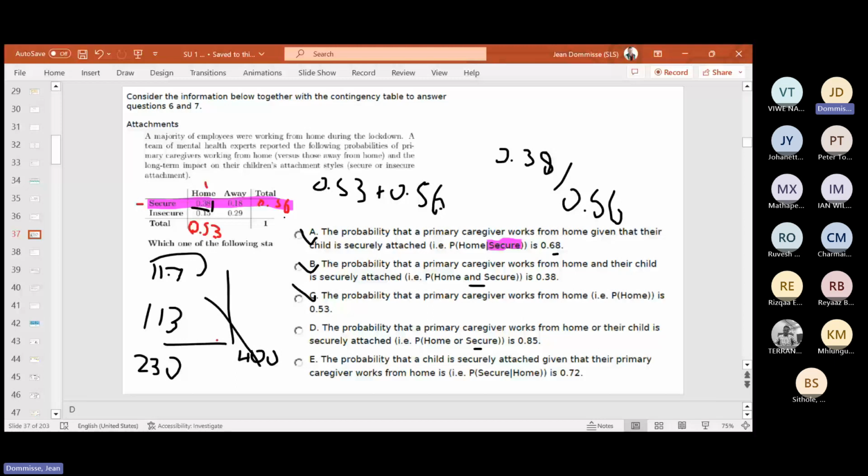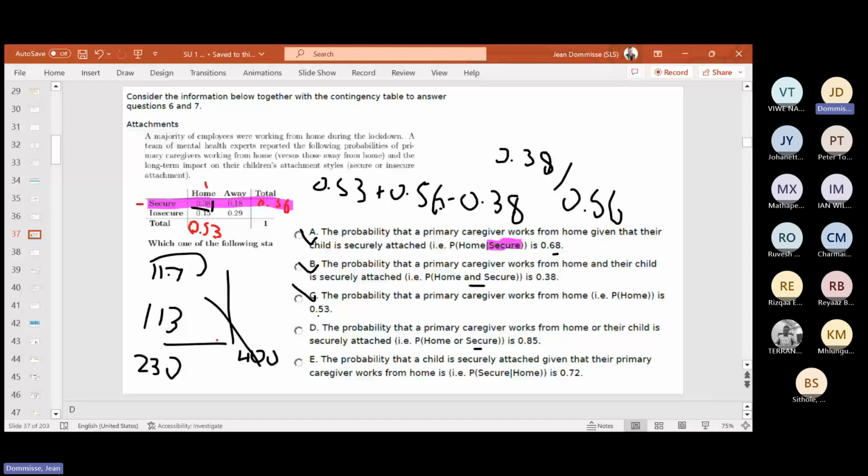And then we need to subtract the and. Okay, so that would give us again 0.53 plus that. If I now worked it out correctly, I get something like 0.71.